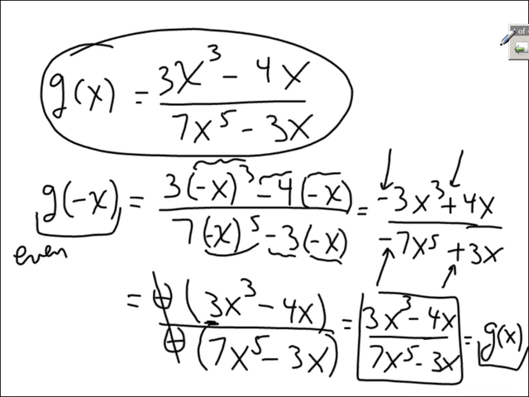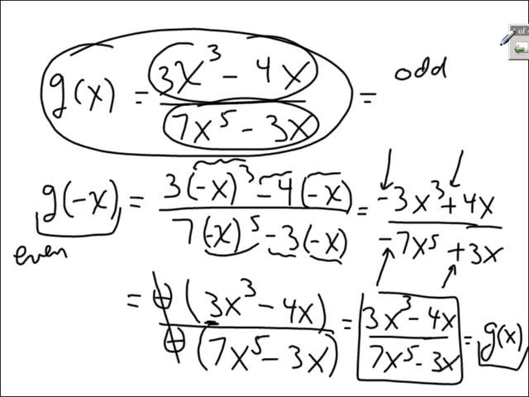Basically, if the numerator is odd and the denominator is odd, well, odd divided by odd, think negative over negative. That's positive, or even. Okay, odd divided by odd is even.